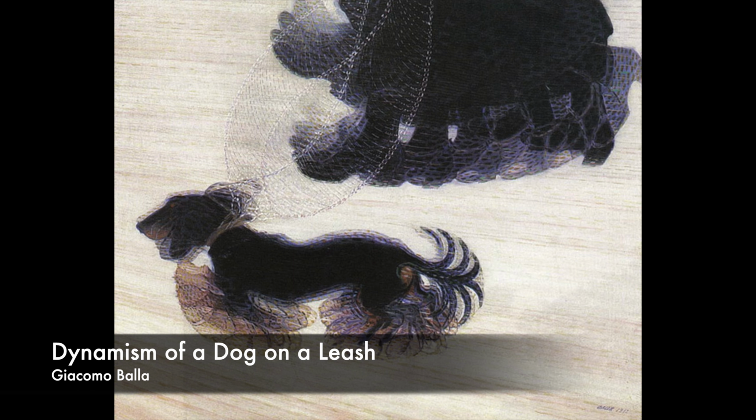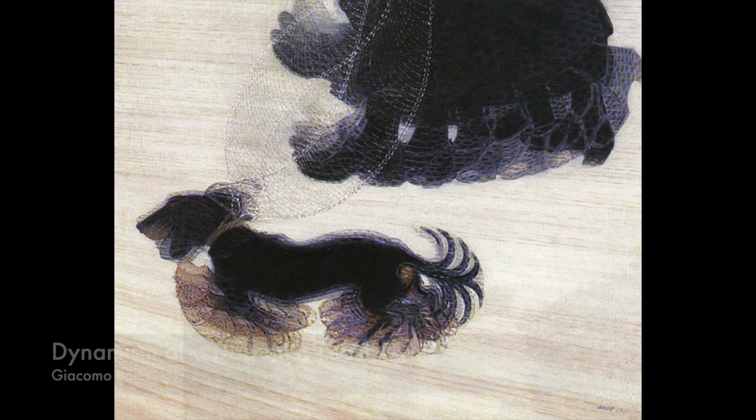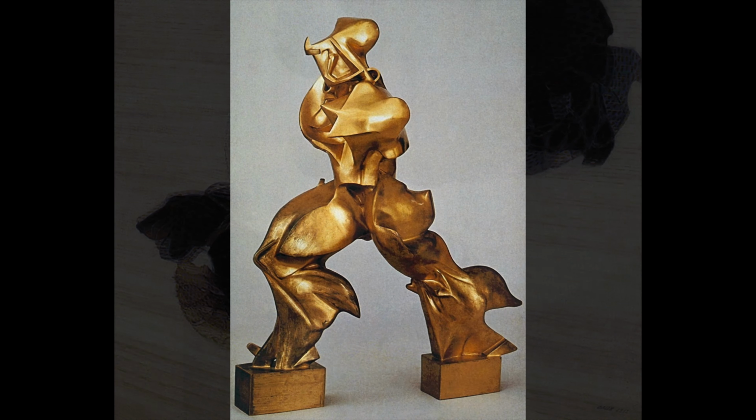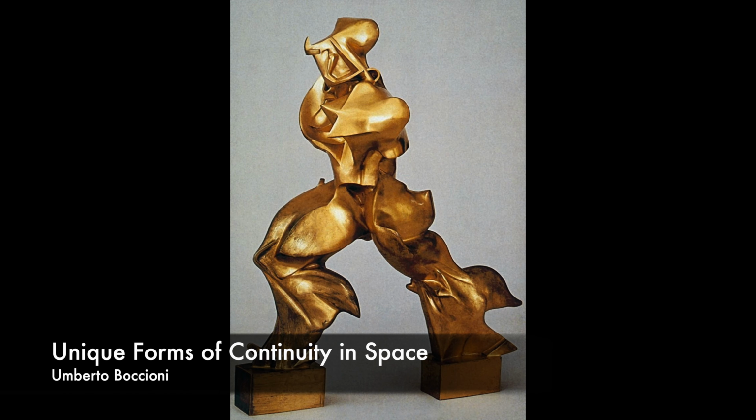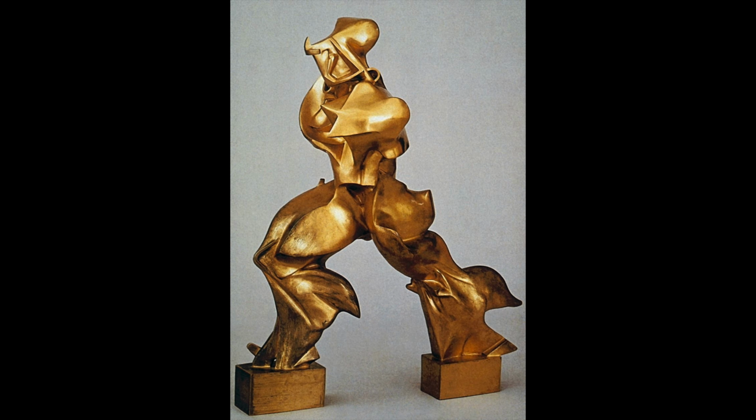This painting is called Dynamism of a Dog on a Leash by Giacomo Balla. It's a classic Italian Futurist painting. There's also a famous sculpture by Umberto Boccioni called Unique Forms of Continuity in Space that shows a figure striding forward with such implied speed that it appears as if the armored warrior is melting. I thought these two works in particular were just fantastic.